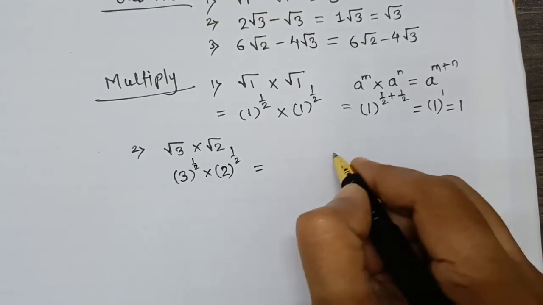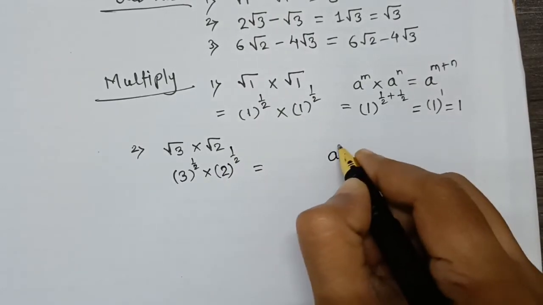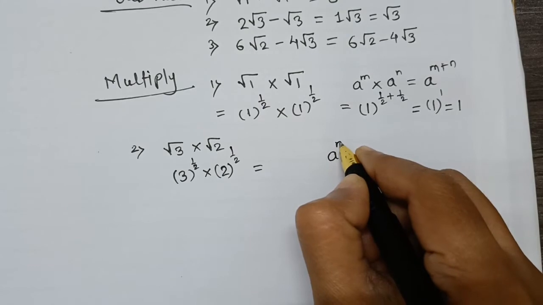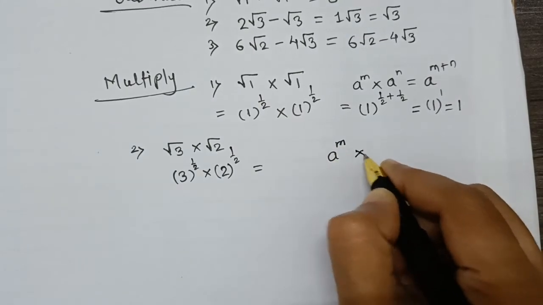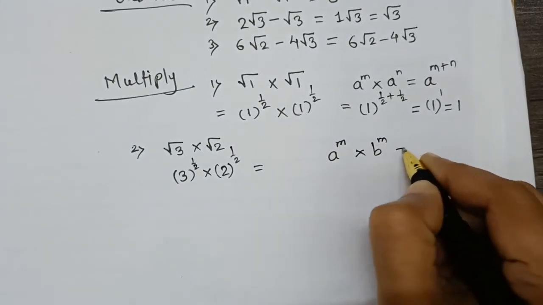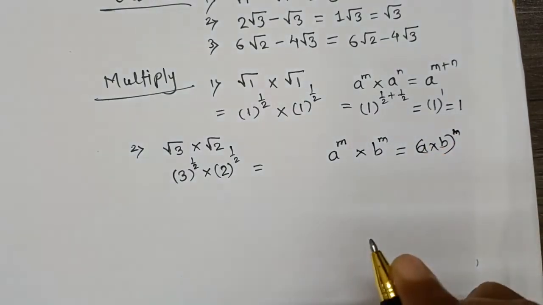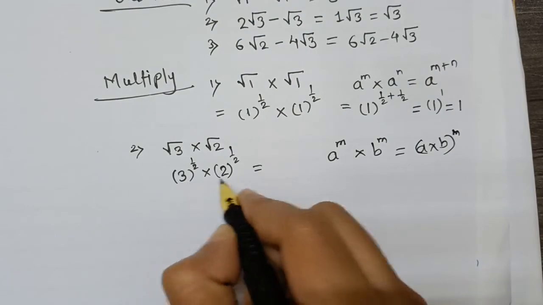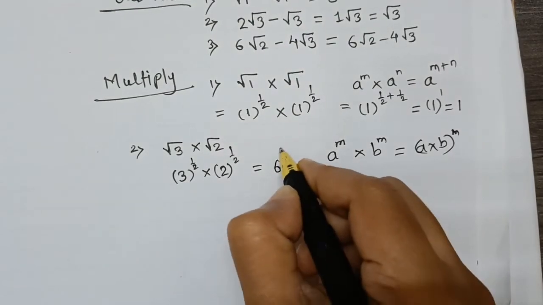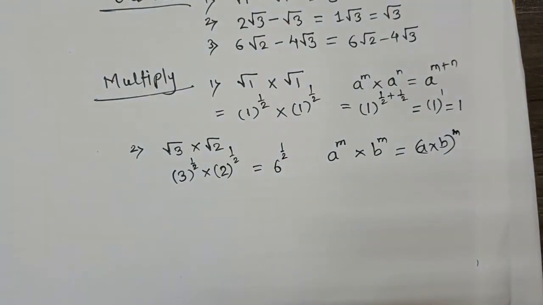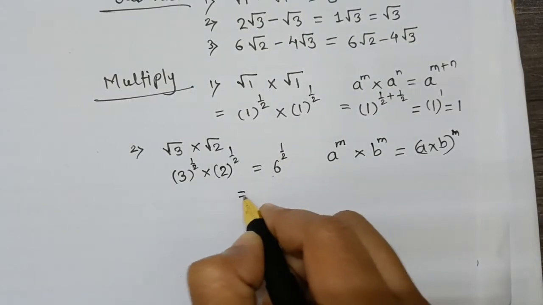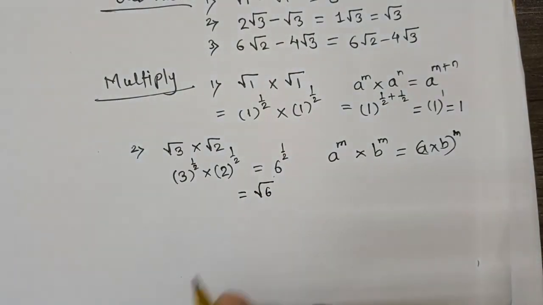We know that when the bases are different but their powers are the same, like a to the power m and b to the power m, you can just multiply the bases and keep the power m common. So here also I can do 3 twos are 6 to the common power, that means 6 to the power 1 by 2, which is nothing but root 6.